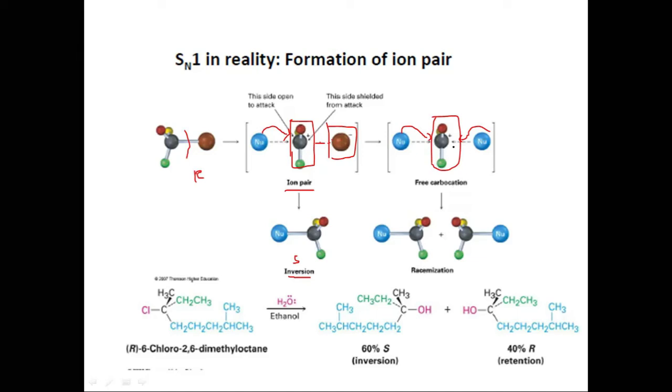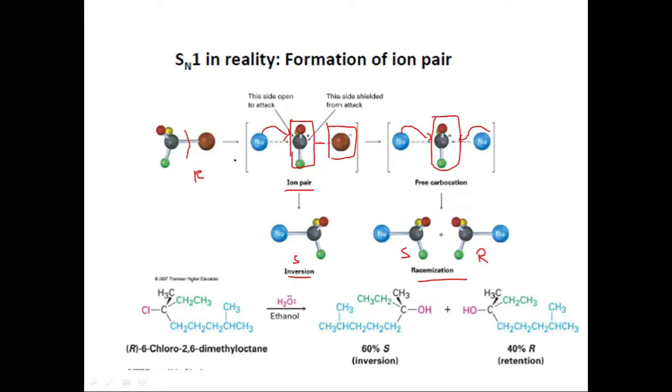If the nucleophile attacks at this particular stage, then you can expect racemization. The backside attack generally will give the S form, and if it attacks from the front side, then retention of configuration.